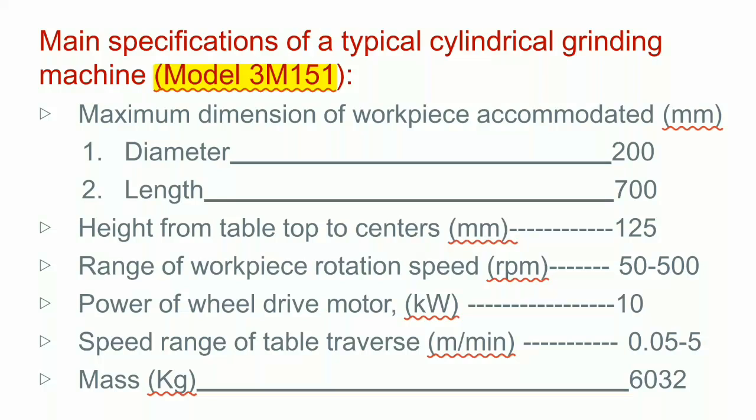Height from table top to centers, millimeter, 125. Range of workpiece rotation speed, unit in RPM, 50 to 500. Power of wheel drive motor, unit in kilowatt, 10. Speed range of table traverse, meter per minute, 0.05 to 25, and mass, unit in kg, 6032.